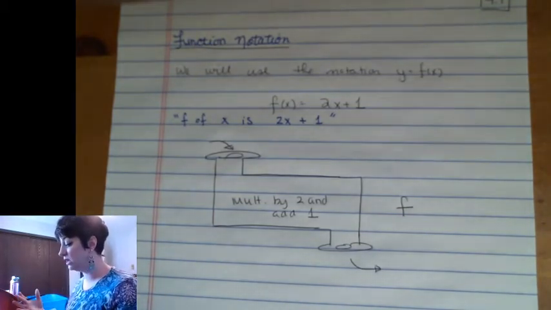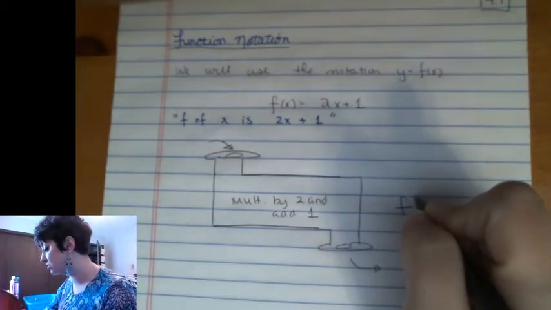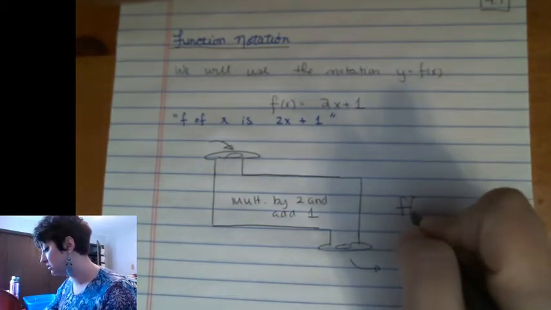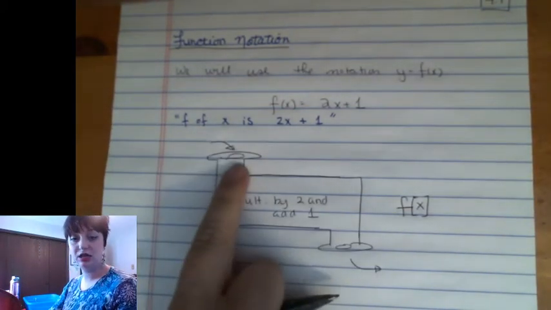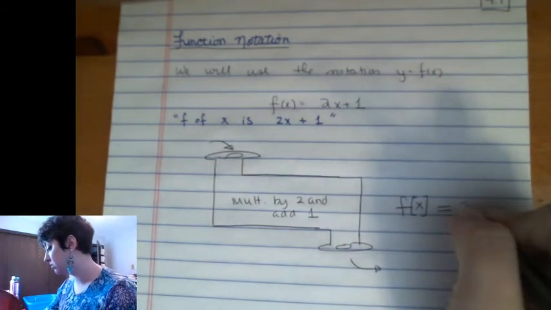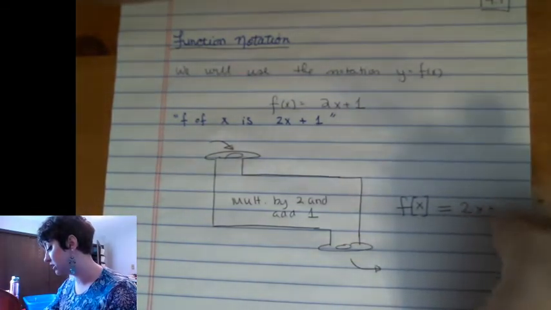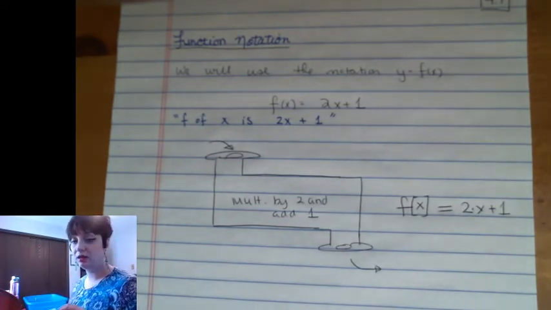The rule is multiply by 2 and add 1. So you can almost think of these parentheses as what is feeding into the mouth of your machine. Out comes 2 times x plus 1.